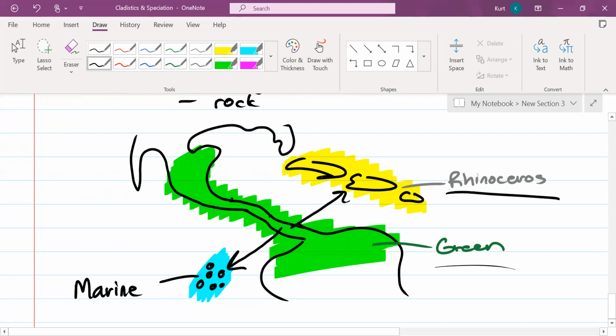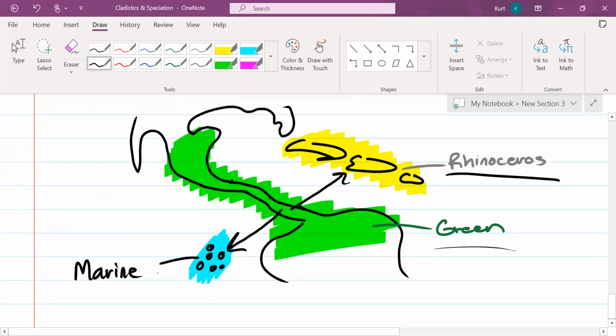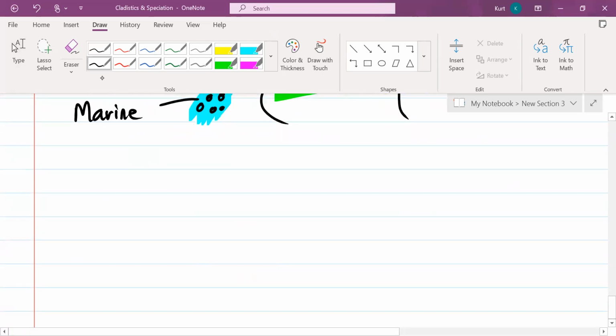The rhinoceros iguana evolved in the islands, but its ancestor came from Central America. Well, if you put them side by side in the same enclosure, they're not really interested in each other. They don't want to reproduce with each other. They are different species. And the same can be said about the marine iguana. If you put the marine iguana with either one of these, yes, they're iguanas, but they're just not interested in each other because they are different species. They've been reproductively isolated.